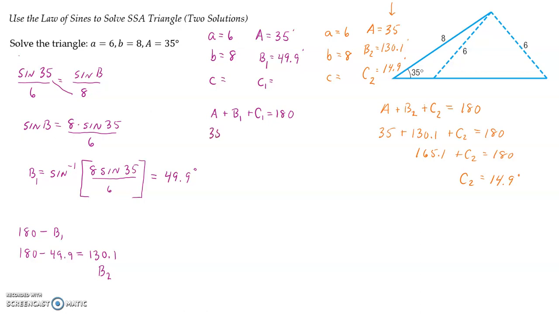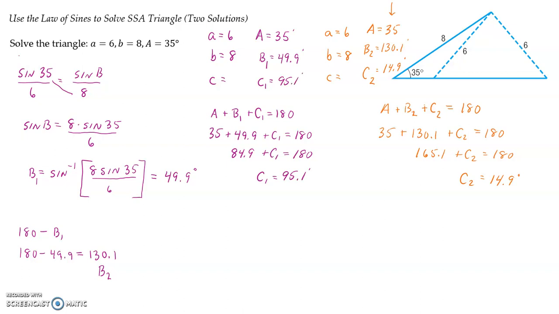Okay, so we've got 35 plus the 49.9, and we can go ahead and add those numbers together, and then we can go ahead and subtract those from 180. This will give us 84.9 plus C1 equals 180. So our C1 value should be 95.1 degrees.